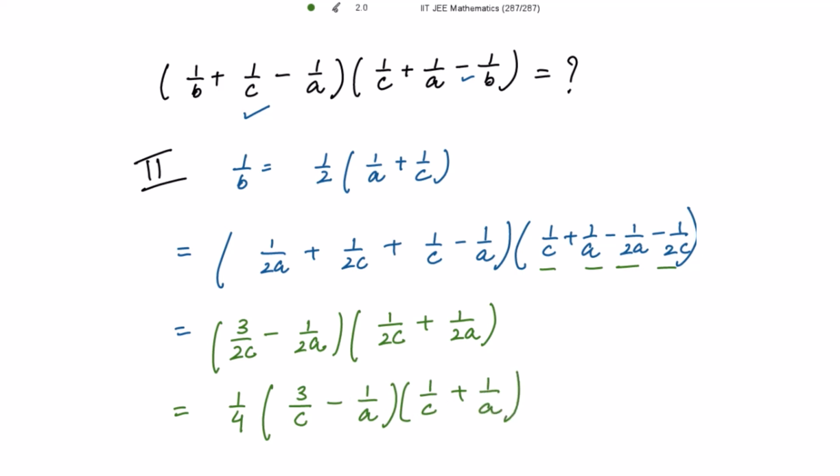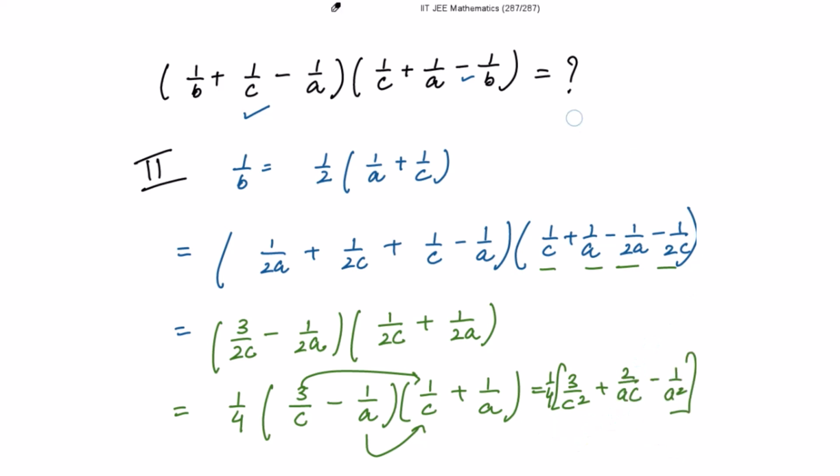Solving this further, just multiply 3 by c first to this and then to 1 by a. You get 3 divided by c square plus 3 divided by ac, and then multiplying this, minus 1 divided by ac minus 1 divided by a square, multiplied with this 1 by 4, and 3 divided by ac minus 1 divided by ac gives 2 divided by ac.